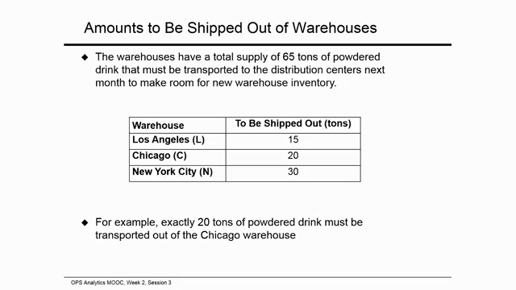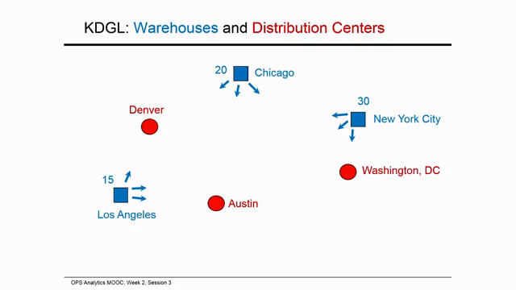For example, out of the Chicago warehouse, it must move exactly 20 tons. So here's an illustration of what must be shipped out: 15 tons out of Los Angeles, 20 tons out of Chicago, and 30 tons out of New York City.